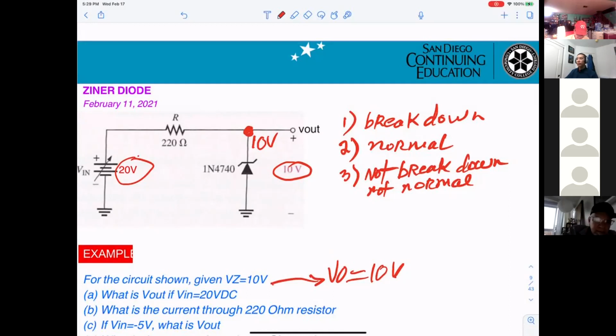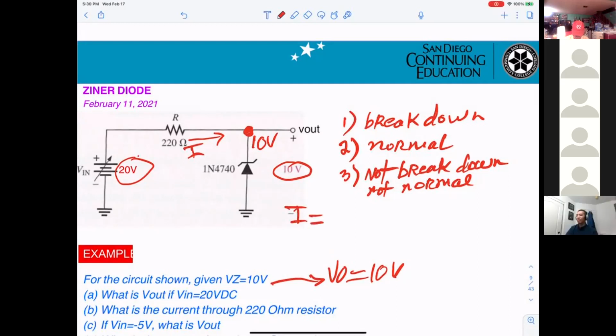And now they will be asking you what is the current flowing here. Tell me what I equals. 45.5 milliamps. The voltage across the resistor will be the difference between 20 volt and 10 volt, right? So it will equal 20 minus 10, divided by 220.